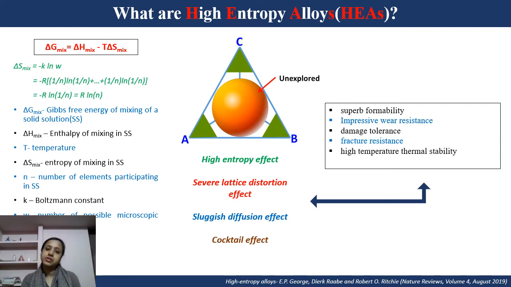They attributed this feature to the high entropy, saying that entropy maximization is suppressing the effect of the enthalpy. So they rendered some really good properties, and the four core effects were held responsible for obtaining such properties.